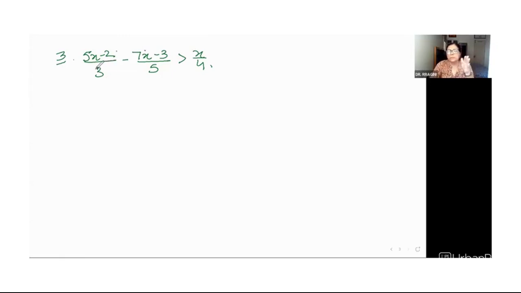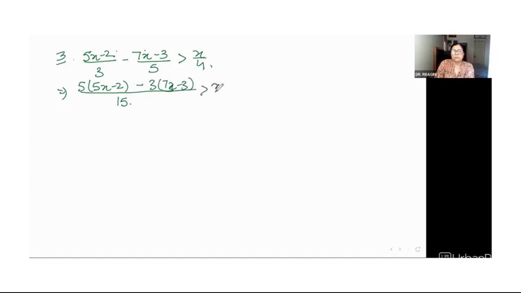So we cannot just take it to the left or right. We will solve LHS separately. Implies that 3 and 5. The LCM of 3 and 5 is 15. So this term, 15 divided by 3, the numerator gets multiplied by 5. Here it gets multiplied by 3.